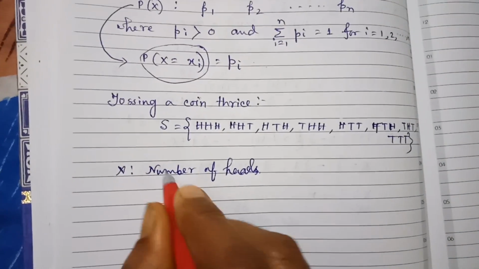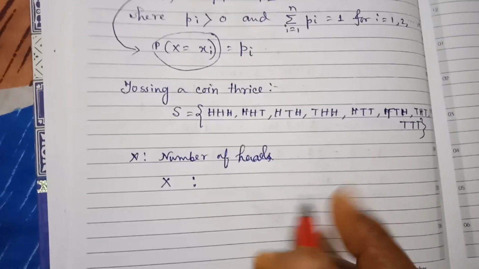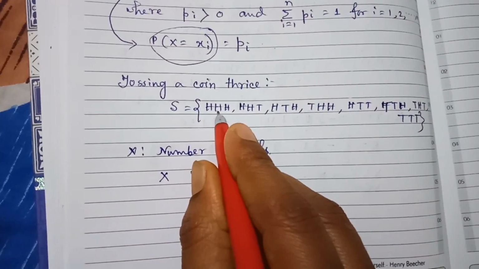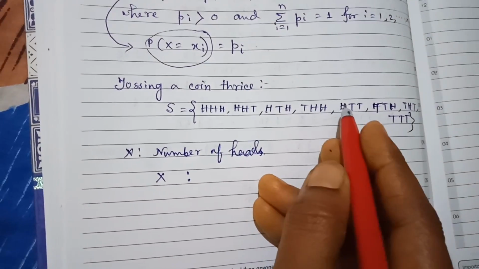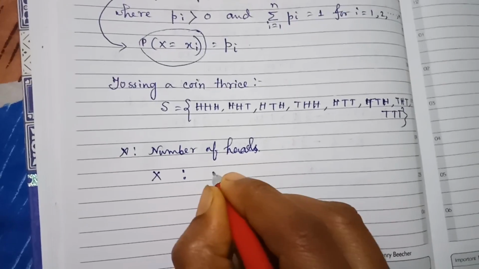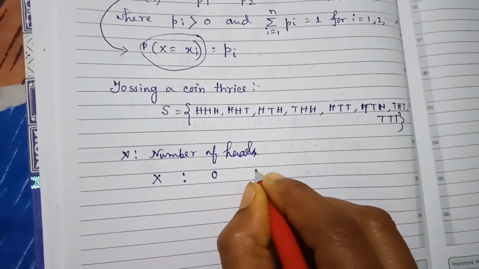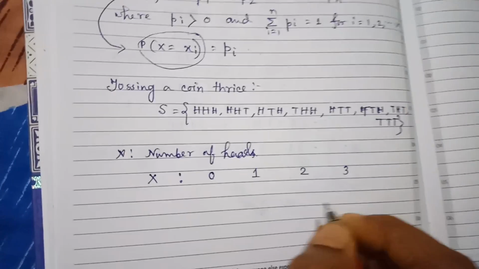What can be the values of X? For this 3, for these 2, 2, 2, then 1, 1, 1, and 0. That means 0, 1, 2, maximum 3.